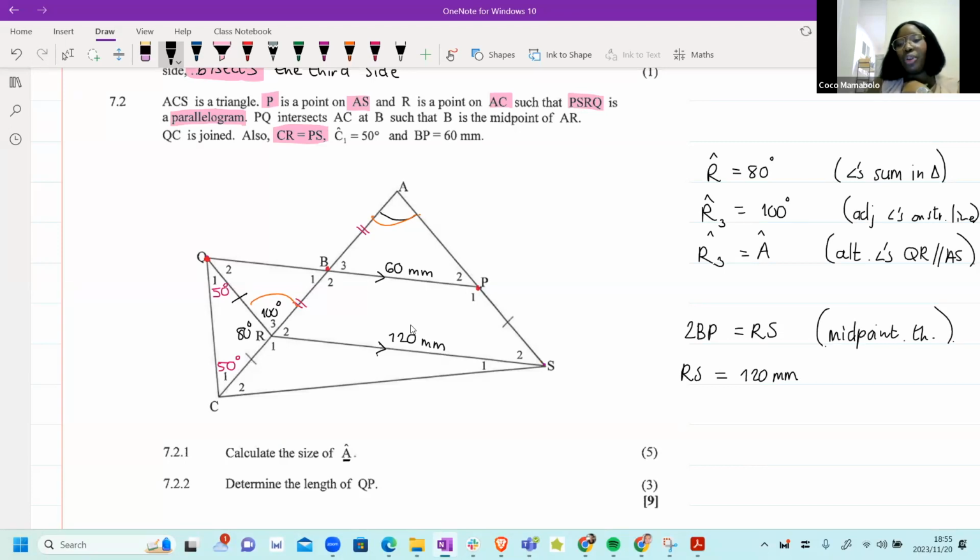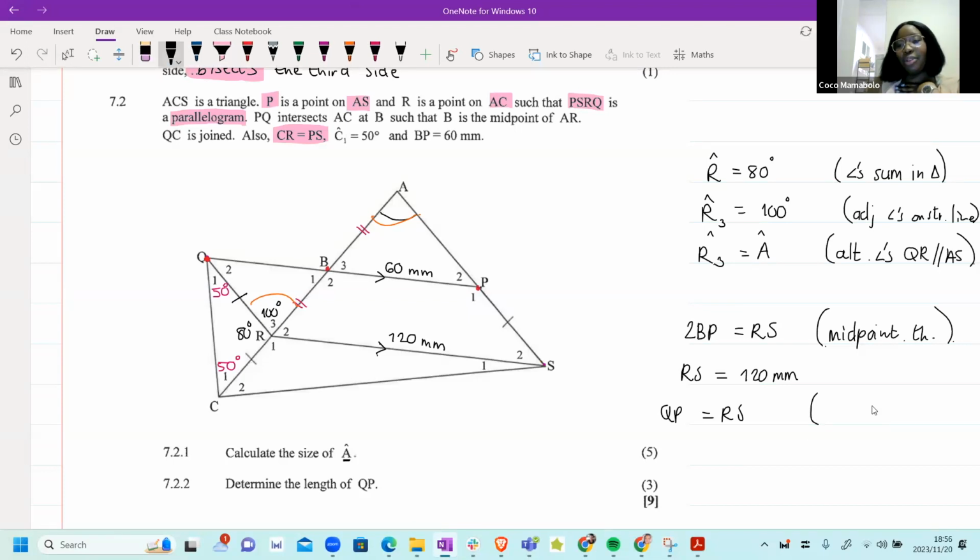But we also know that QP is equal to RS because of what? Why is QP equal to RS? No, not parallel. Yes, I can tell that we're guessing.